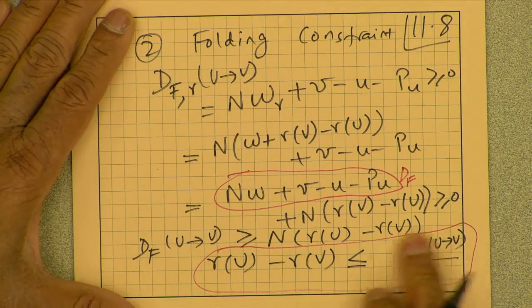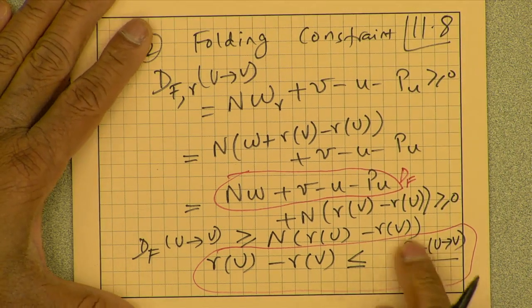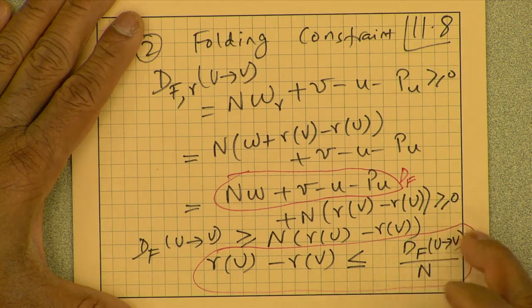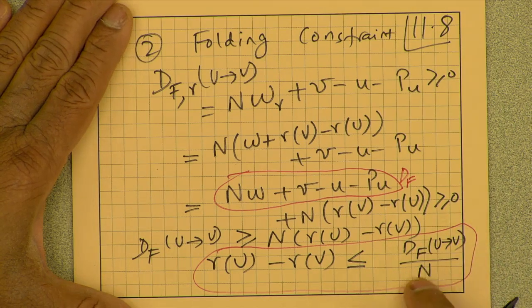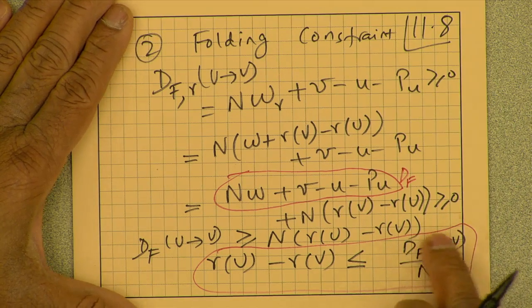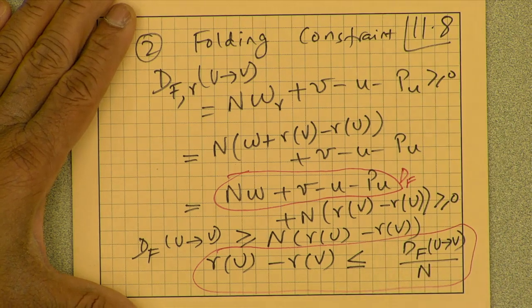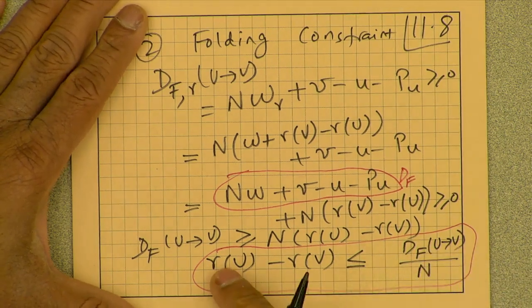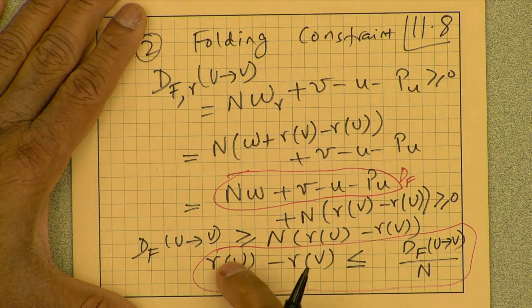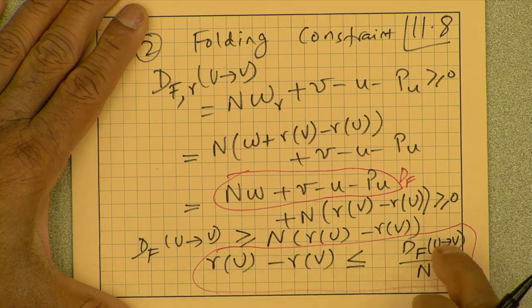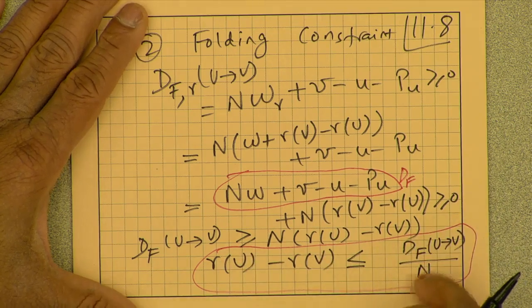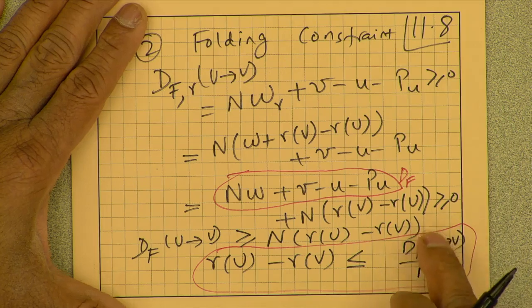Okay, so sometimes this could be a fraction. For example, if DF is 2 and N is 3, what does that mean? What do we do? R is always an integer. So how do I make this an integer? If this is 2 and this is 3, do I take this as 0 or 1?